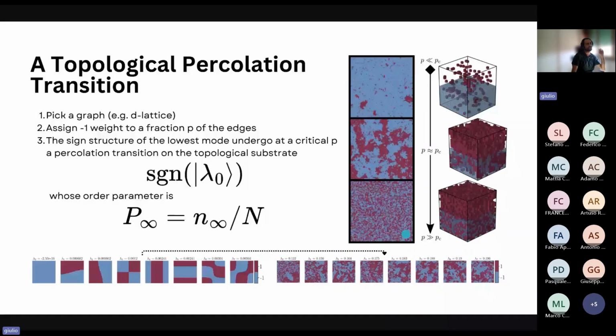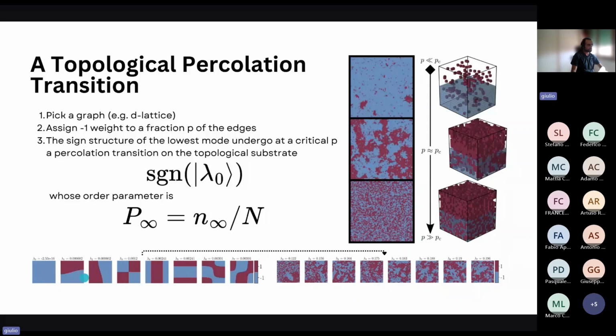In particular, you can see, here in a 2D square lattice and in a 3D lattice, that when you have p way lower than the critical threshold, you have a homogeneous state, whereas by adding negative links, the frustrated loops make this fractal structure emerge, which we figured out was actual percolation, as I'm going to show you in a moment.